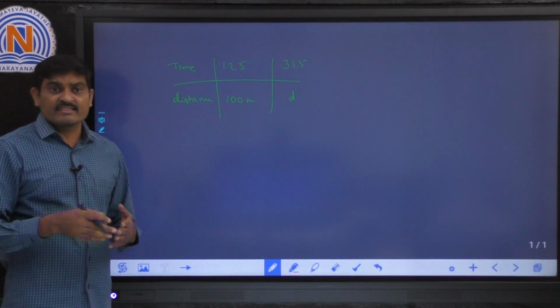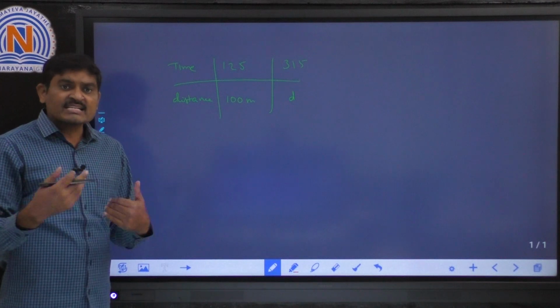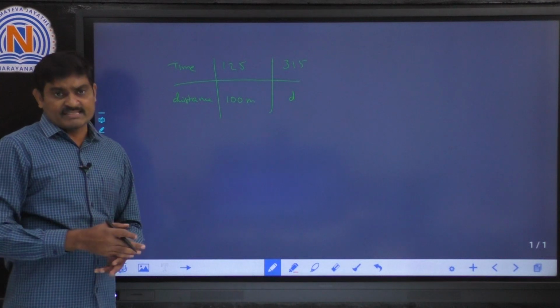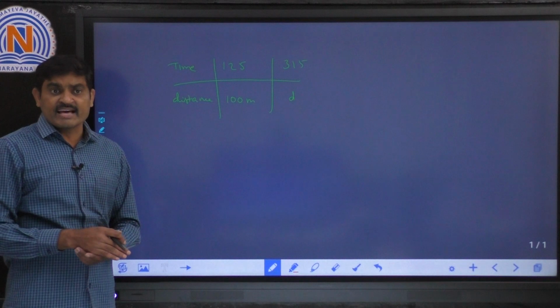When the time is increased, the distance covered by Anupama also increases. So they are in direct variation.